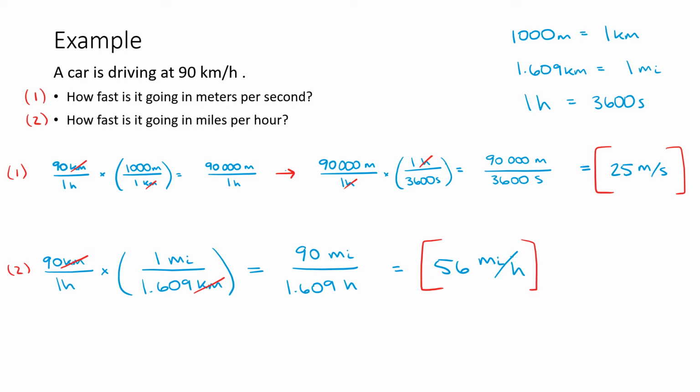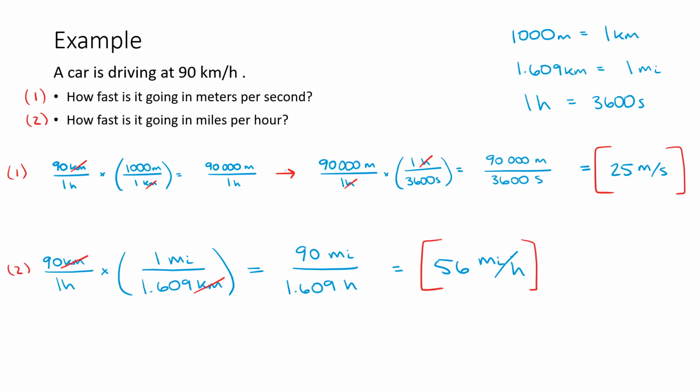So I take what I have on one side. Let's put it over here on this side. 90 kilometers in 1 hour. I'm going to put that on one side. And we're going to put on the other side what we are wanting to find.